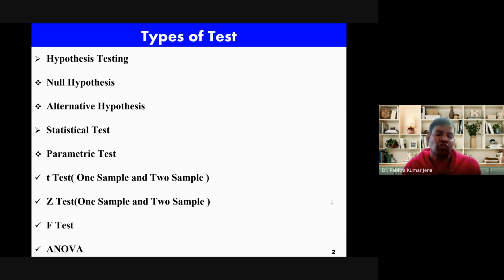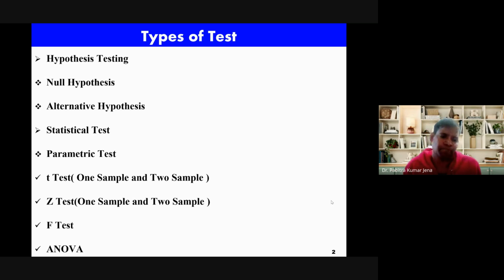That process is known as significant. If the reverse happens, if you accept the null hypothesis and reject the alternative hypothesis, that is non-significant. In technical terms, if our calculated value is greater than the tabulated value, we call it a significant test. If the calculated value is less than the tabulated value, we call it an insignificant test.